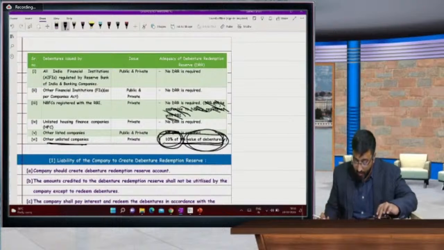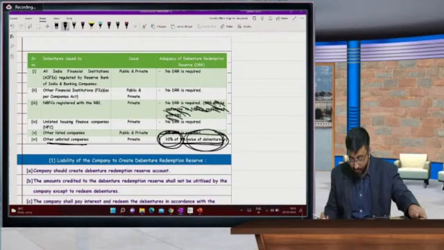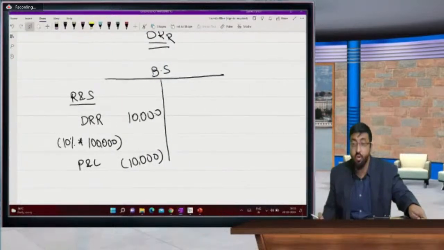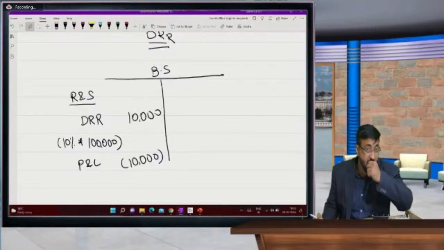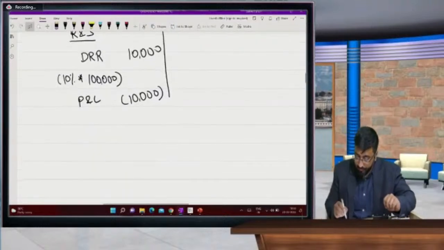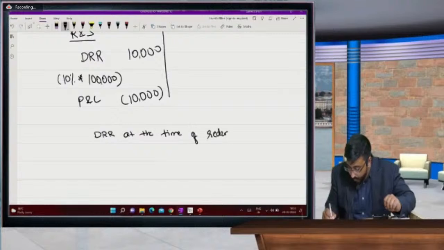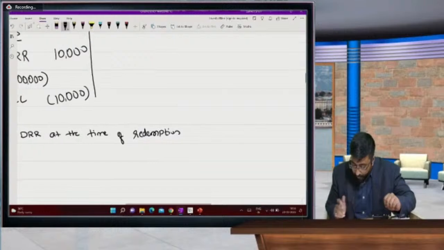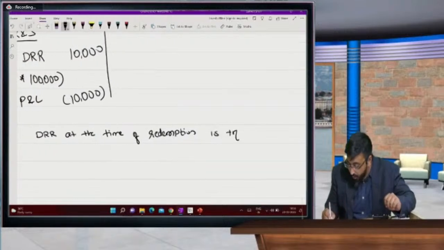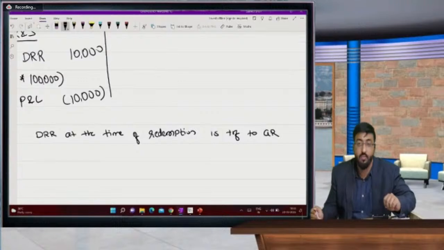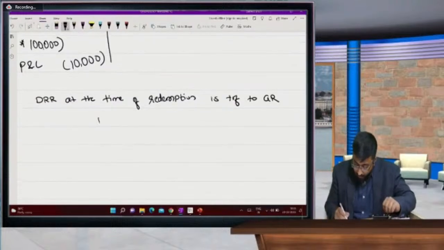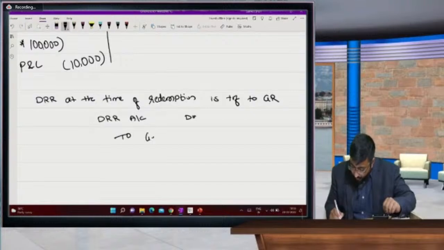No DRR is required for NBFC registered with RBI. So DRR concept, are you getting this concept now? And DRR at the time of redemption, it's transferred to general reserve. So what is the entry? DRR account debit to general reserve.